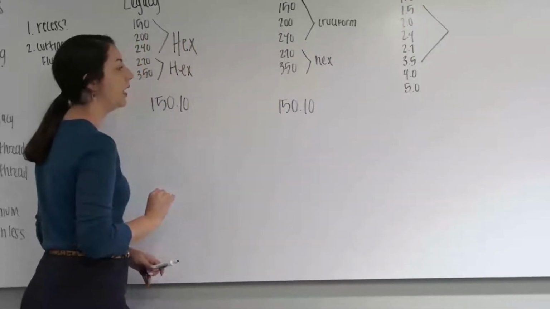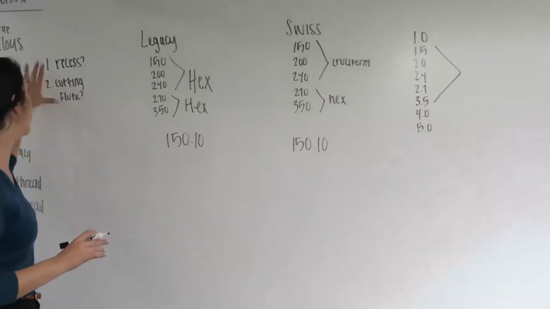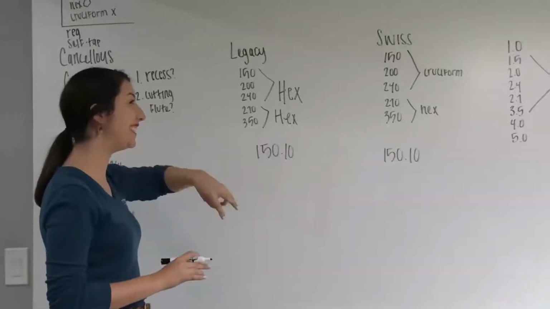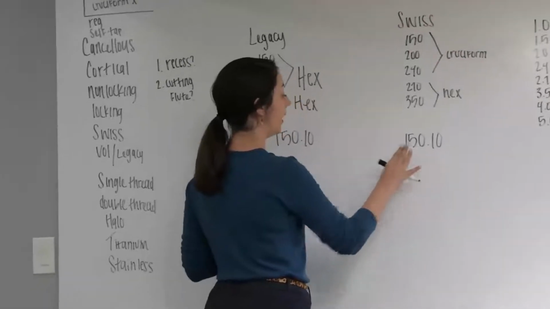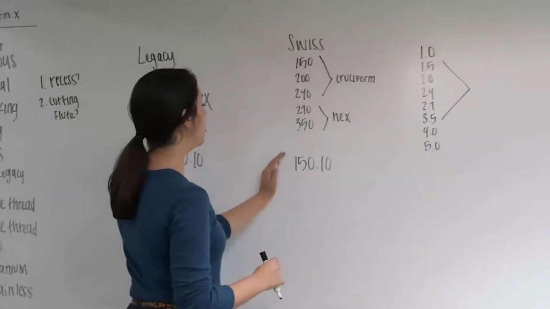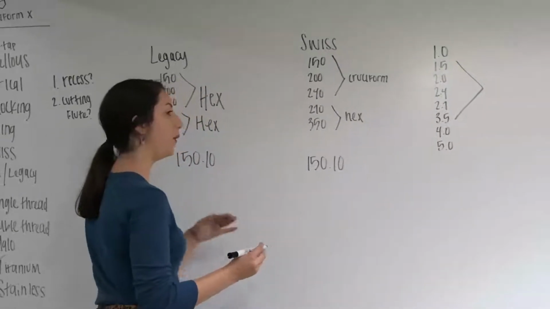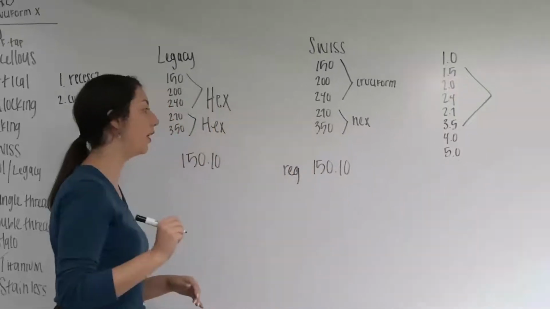Now, if we think back about what are the characteristics of our SKU or our screw itself, beyond the size and the length of the product, it's what's the recess and what's self-tapping. If I'm looking at a Swiss code and I want it to be non-self-tapping, no cutting flutes, I'm gonna put an REG in the front, REG.